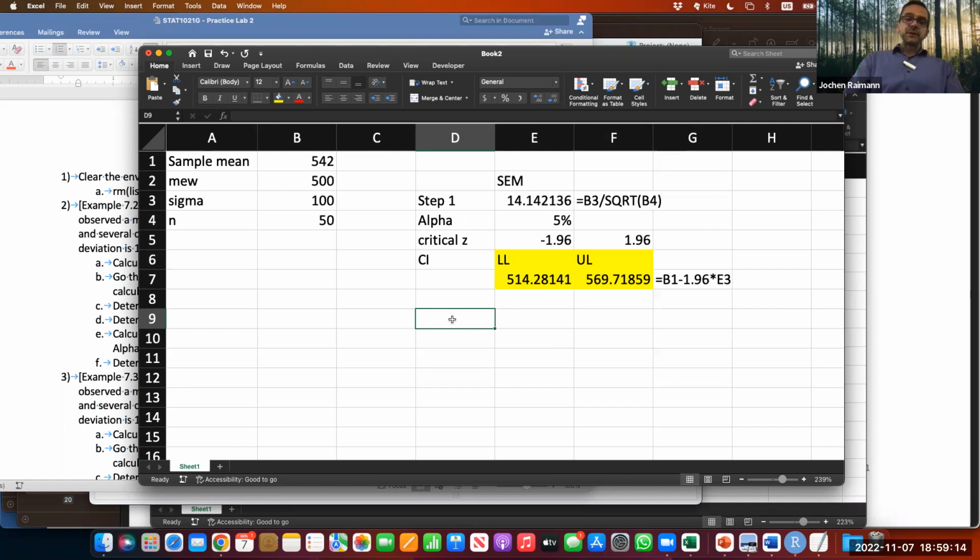Okay, so we now have a calculation to be done for an actual set. The set is calculated as the difference between the mean minus the mu, divided by the standard error of the mean.